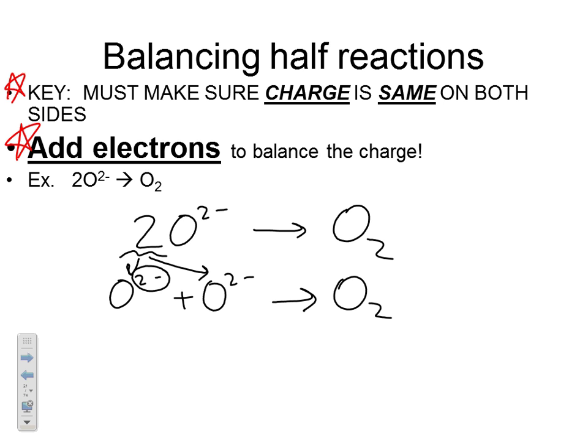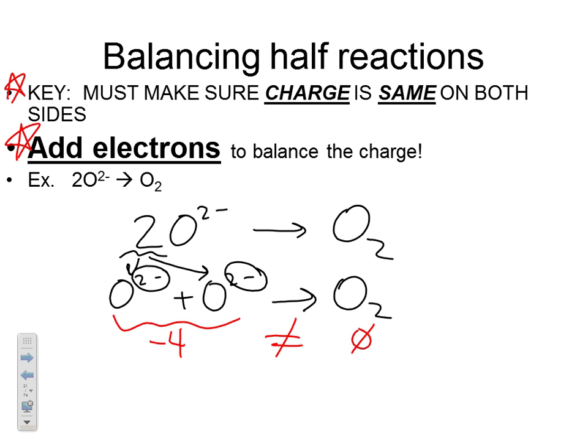Well, I have a -2 here plus a -2 here. So that means that I have a total of a -4 charge on the left side of the arrow. Now, what about the right side of the arrow? Assign oxidation numbers. This is an element that's by itself, right? So its oxidation number is just 0. So I have a charge of -4 on the left, and a charge of 0 on the right.